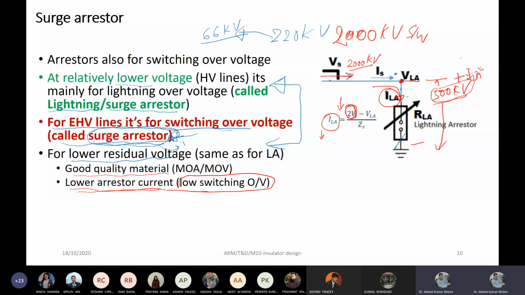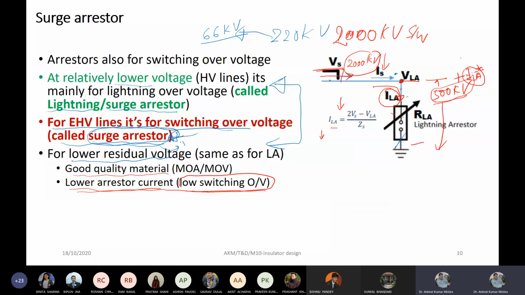So if the difference between the arrestor voltage and the striking voltage, or switching or lightning voltage, is higher, then it is wiser, even with the lightning arrestor or surge arrestor, to minimize this, because the lightning arrestor current is the difference of this voltage minus this voltage. So to minimize the lightning arrestor current, the switching over voltage itself could be minimized, even with the surge arrestor.